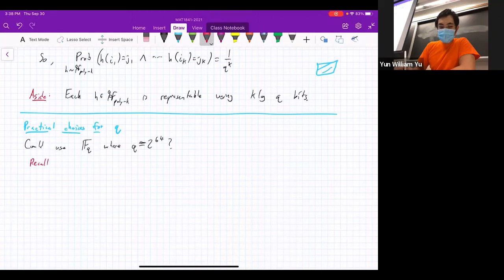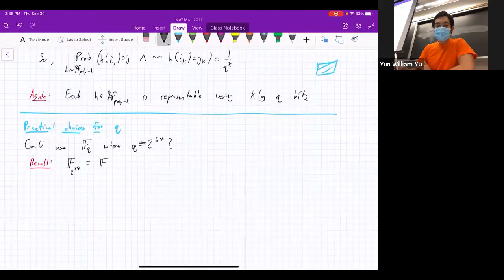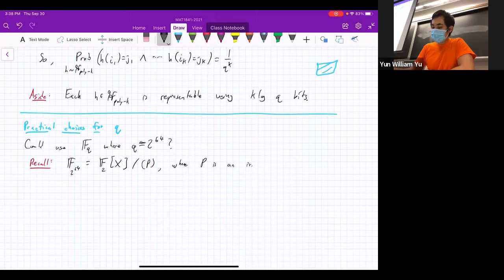F sub 2 to the 64 is equivalent to the set of polynomials in F2 of x modulo some irreducible polynomial p, where p is an irreducible polynomial of degree 64.